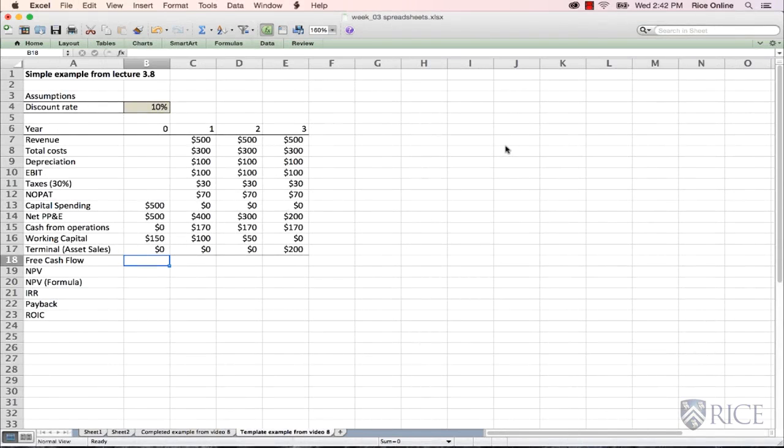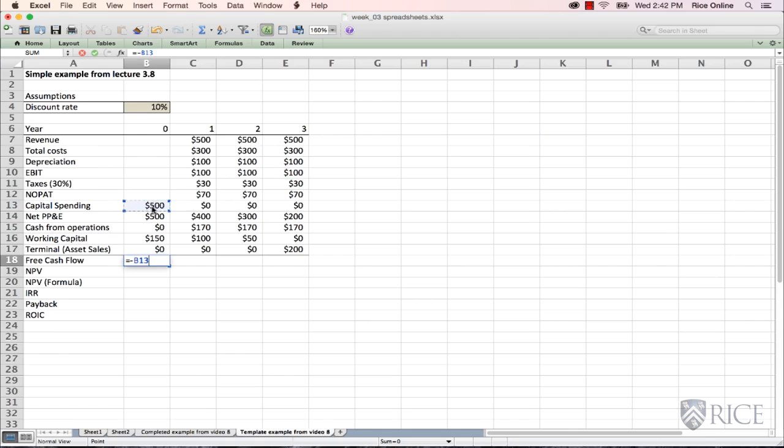Okay, so here's a really simple spreadsheet that contains the example that we did in the previous lesson about constructing free cash flows. So let's go back and first reconstruct free cash flows. In period 0, we had nothing going on in the income statement because we haven't had a full year for the flow yet, but we did have a spending of 500, so I'm going to subtract 500 in CapEx.